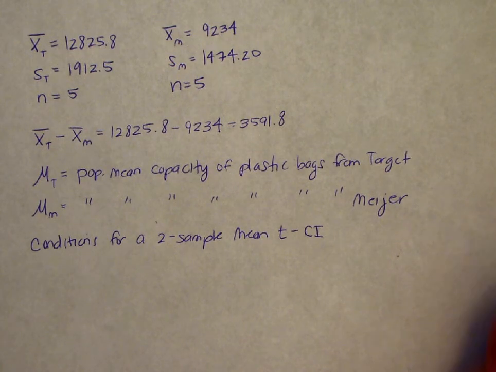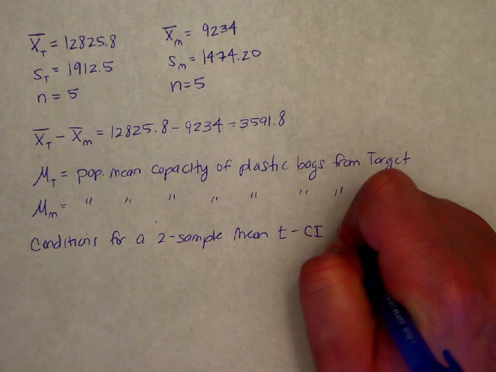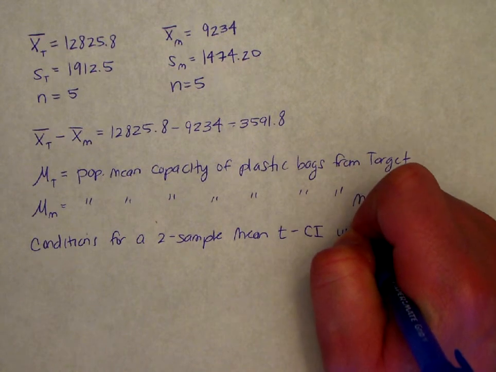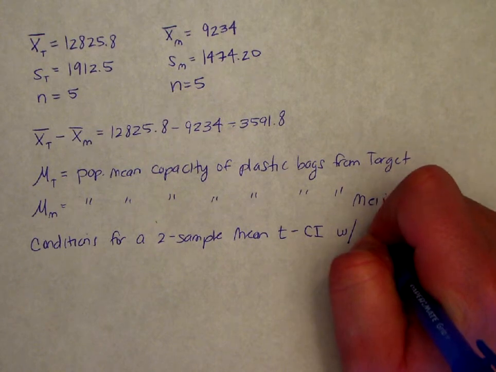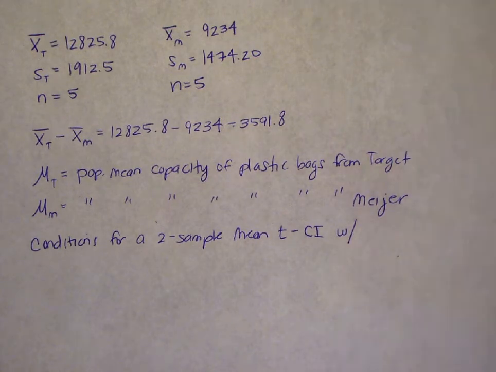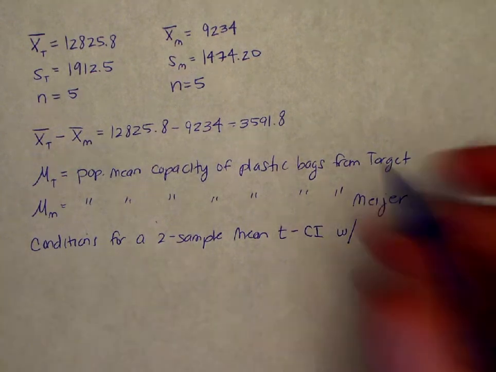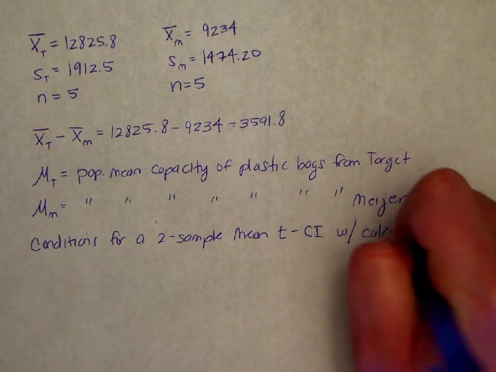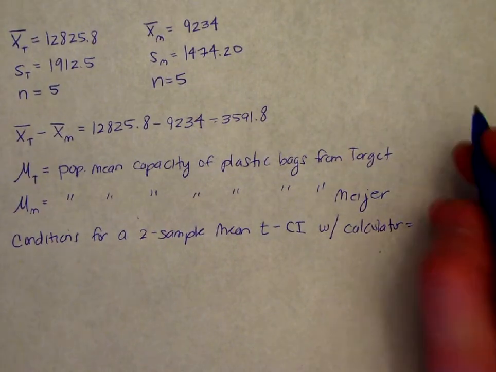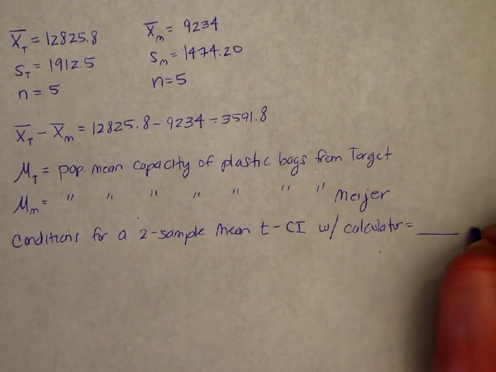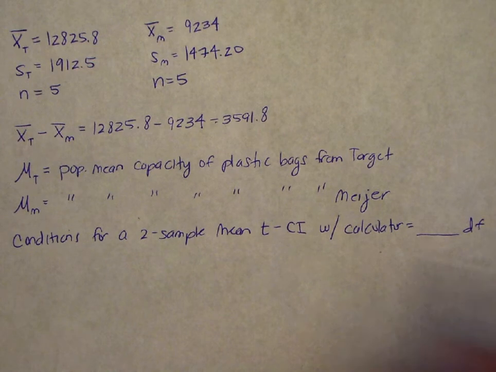Now this is going to be a little weird, but we're going to write calculator degrees of freedom. And I'm going to come back and eventually we're going to fill that in, whatever the calculator tells us.